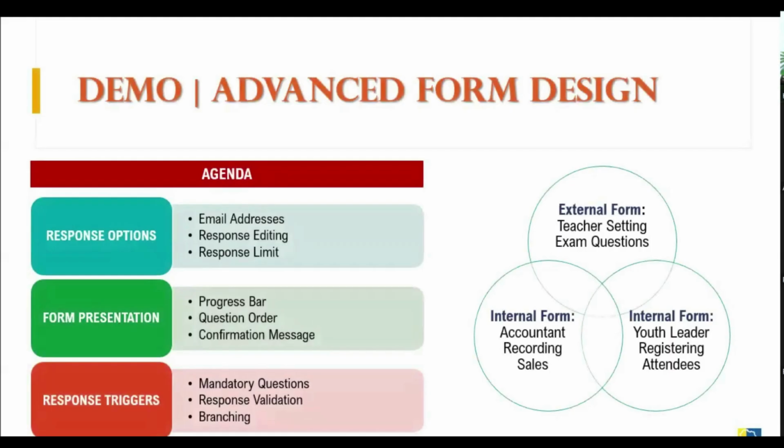So then demo advanced design. We're going to do a teacher setting exam questions and an event for registering youth. I would love to do the accounting recording sales, but we don't have enough time. So maybe another time I will make more time for it.